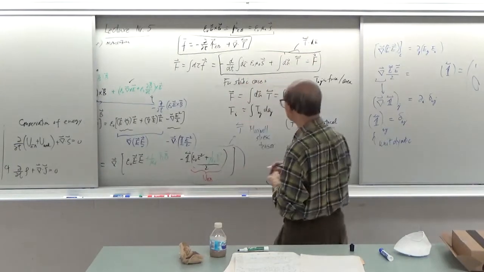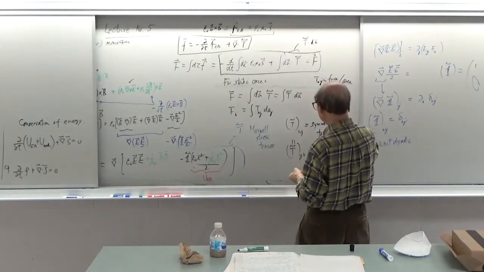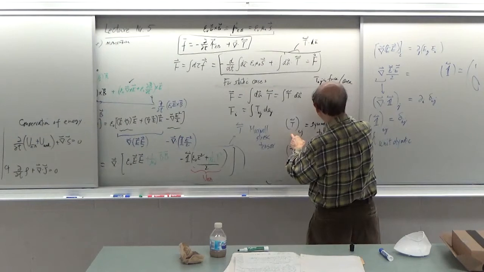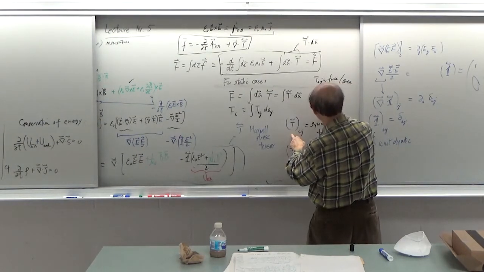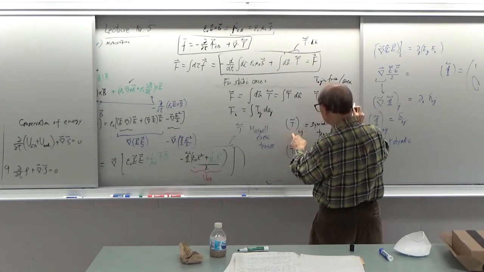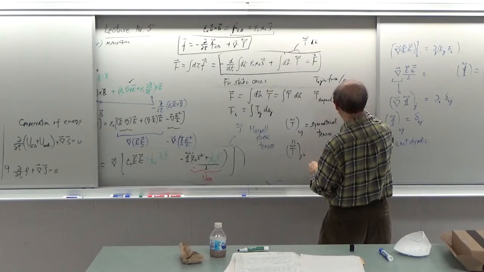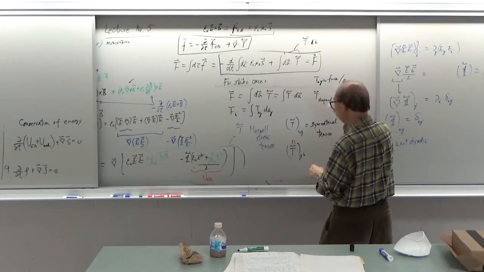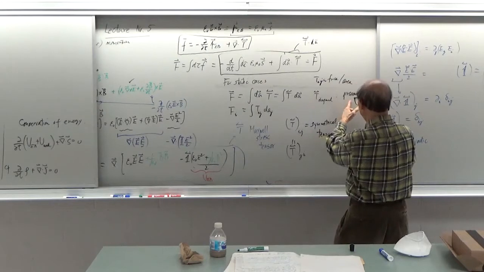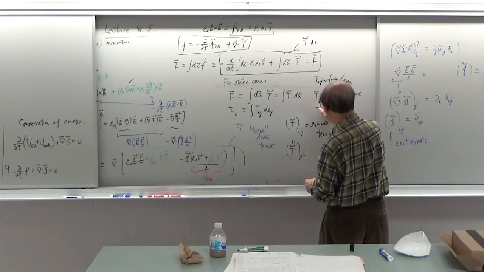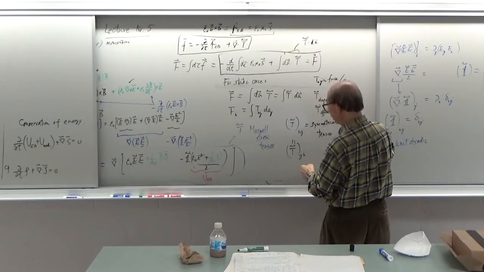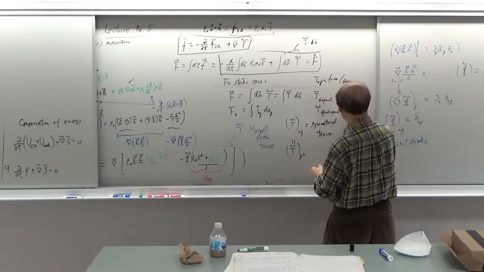That's the meaning. The diagonal terms of the stress tensor are nothing but the pressure. Force per unit area is pressure; they have the dimension of pressure. And for the off-diagonal elements, those components are known as shears.